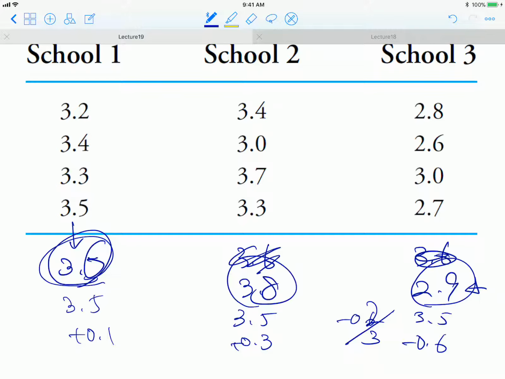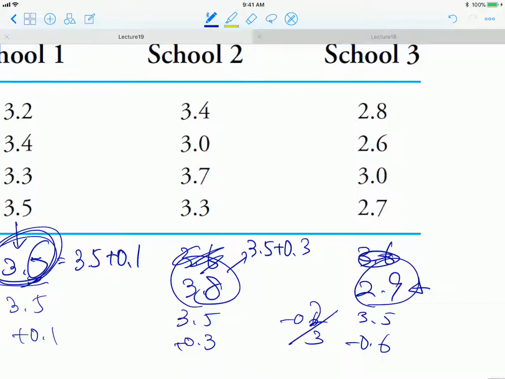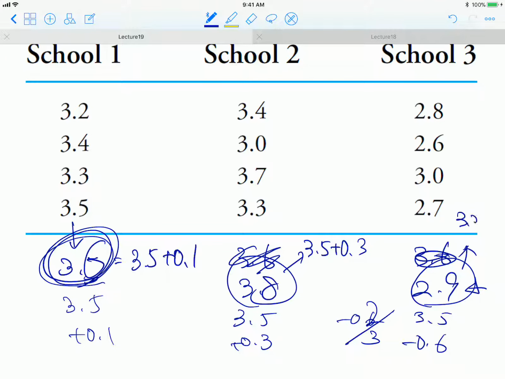Unfortunately, it doesn't give a simple number, but let me just re-represent it in this manner. Suppose the mean value of these three values was 3.5, and then this value was 0.1 greater, this value was 3.5 plus 0.3, and this one is 3.5 minus 0.4. So in this case, their global mean will be 3.5, right?